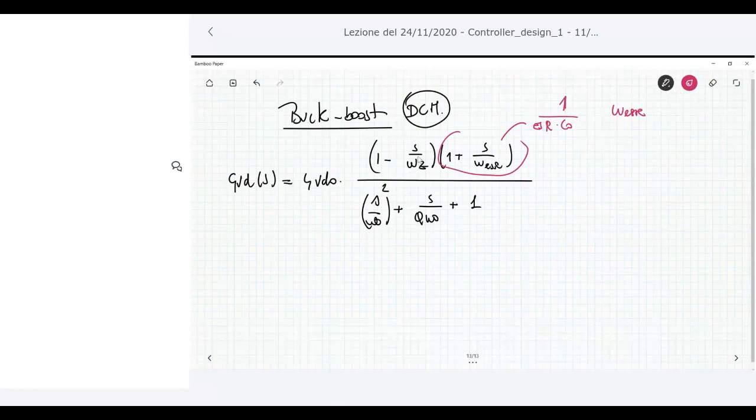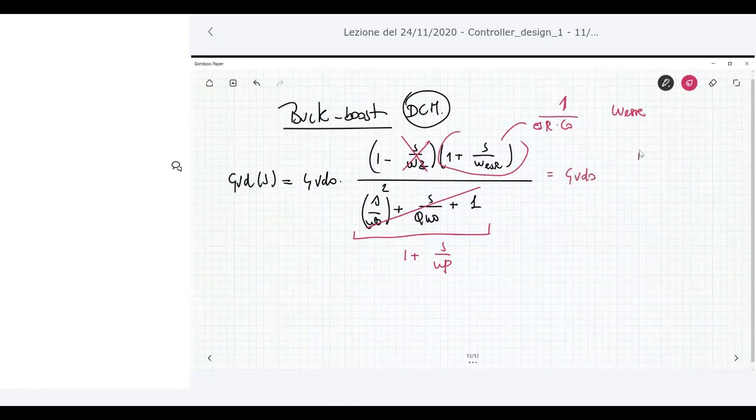Again, in DCM you have no right half plane 0 here, and you have no 2 poles here. Okay, you have just 1 pole. So we can modify the generic expression that you had before into this one, 1 plus S over omega P. So it's much more simple.